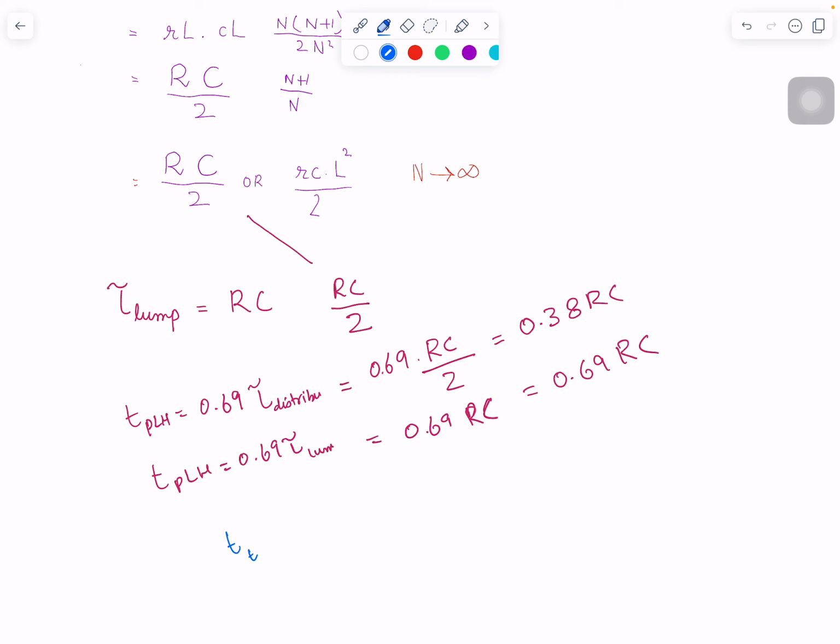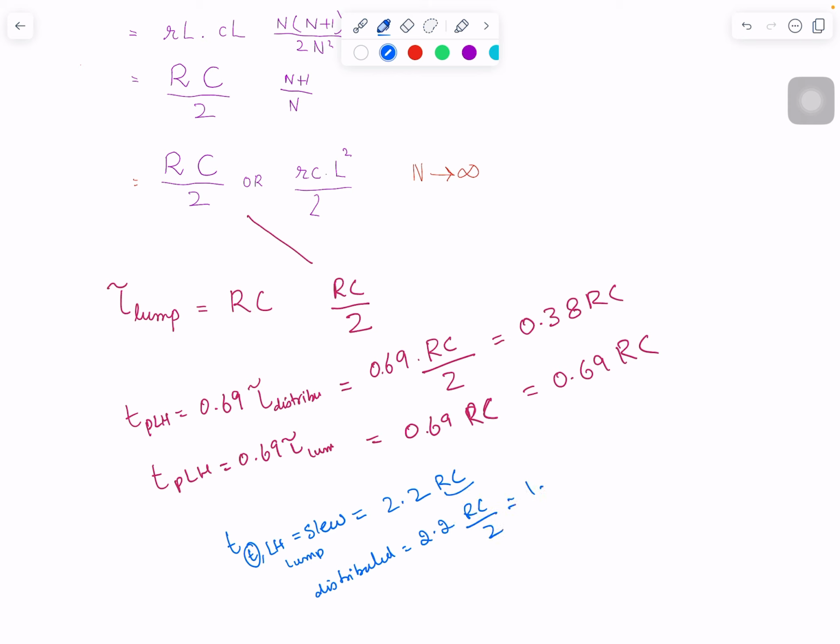transition time for low to high? This is the slew or transition. So what was that, 2.2 times the time constant for the lump case. Now for the distributed case, our time constant is RC over 2.